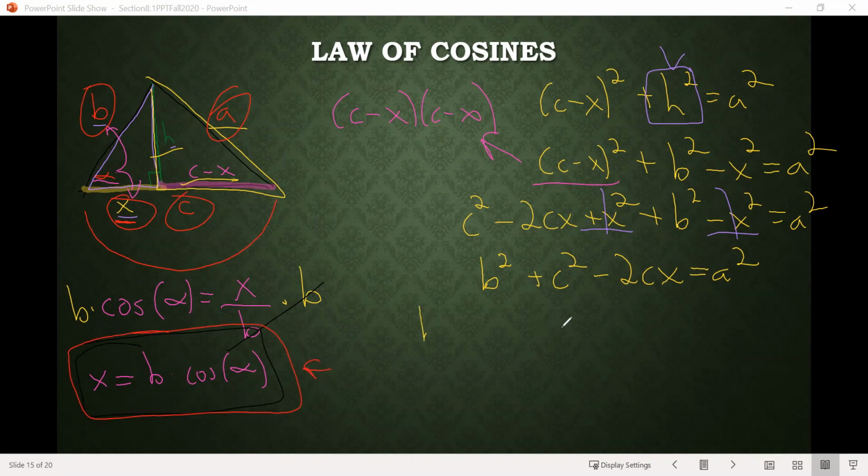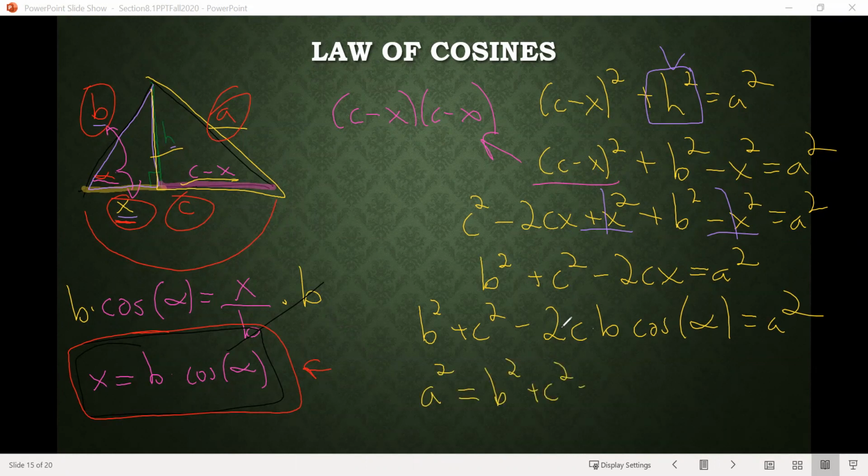So we can substitute that in as b squared plus c squared minus 2 times c, instead of x, I'll put times b cosine alpha, equals a squared. And if I just rewrite this a little bit, a squared equals b squared plus c squared minus 2, and I'm going to do this in alphabetical order, bc times cosine of alpha.